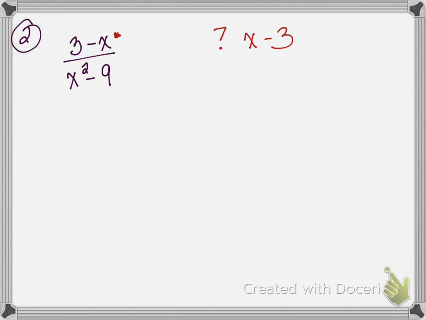Okay? Now, I'm going to rewrite this as 3 minus x. x squared minus 9 is a difference of perfect squares. So that factors to x plus 3 and x minus 3. That's one of those you've got to be able to identify, and you've got to have that process memorized. So if it's difference of perfect squares, you've got to just be able to look at it and know it.